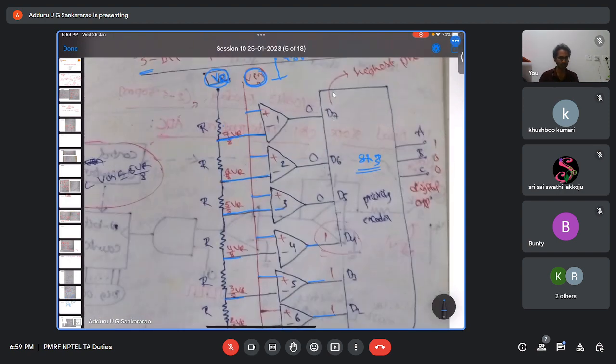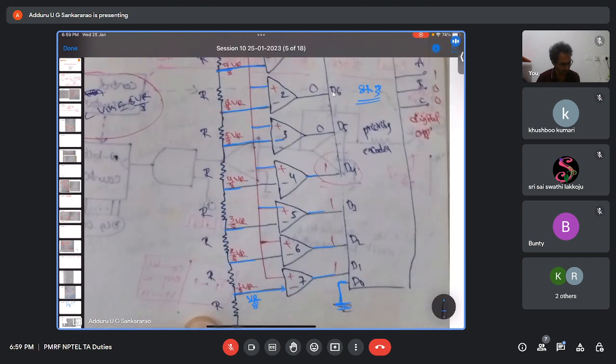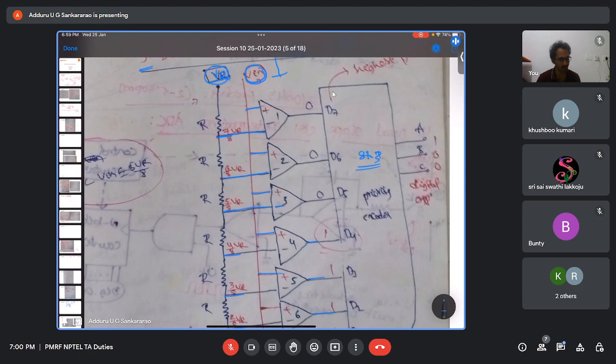You got it, right? This is the whole structure of a flash ADC. You have a priority encoder. The LSB of the encoder is connected to ground, and all the remaining inputs are connected to the outputs of the comparators. And for all the comparators, the common input voltage is given at the plus terminals.